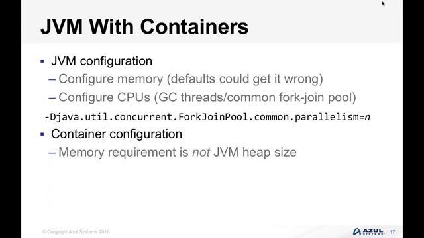The other parts of the system, if you're running Tomcat, things like that, will require memory to do things natively, and the operating system itself will require memory to do things. So you need to make sure that when you set the configuration for the container, you add something to the heap size that you've allocated to your JVM in order that you don't run out of memory again that way.